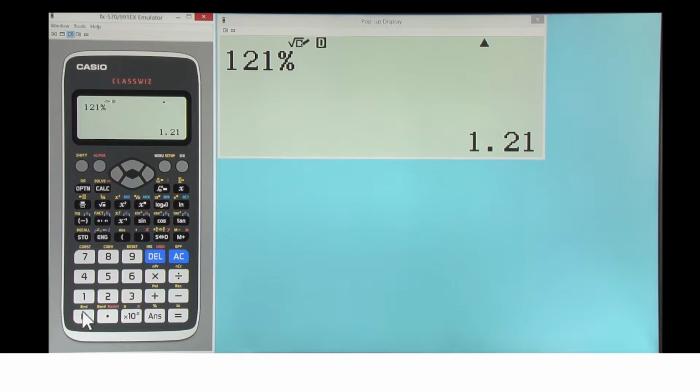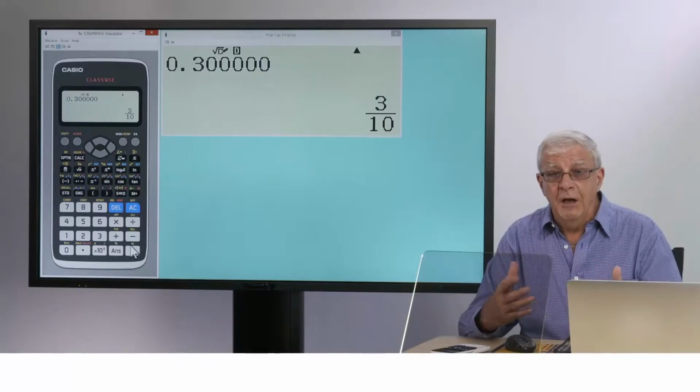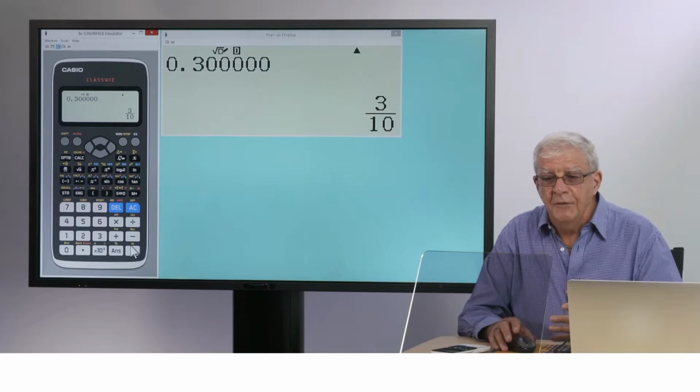So 0.3 gives us 3/10. 0.300 also gives us 3/10. And 0.3 with lots of zeros also gives us 3/10. So they can see that the zero after the decimal place has no effect.